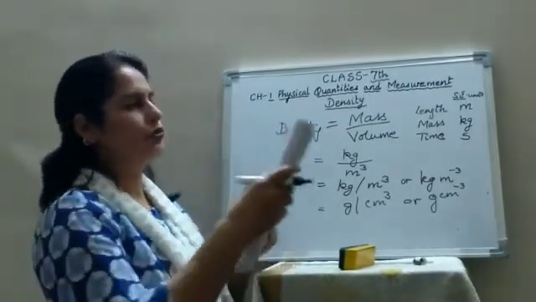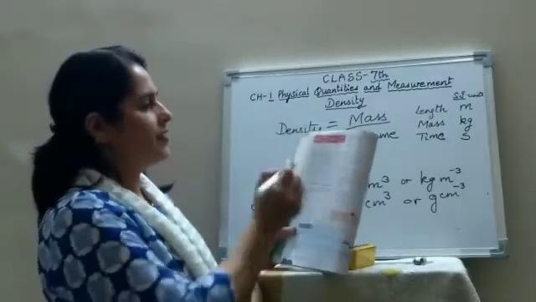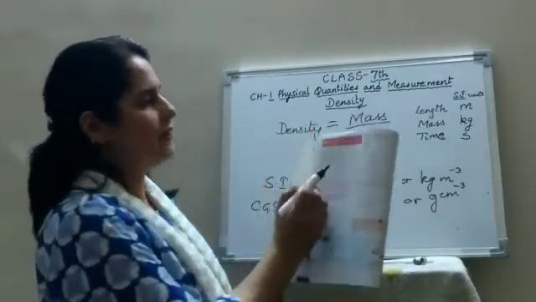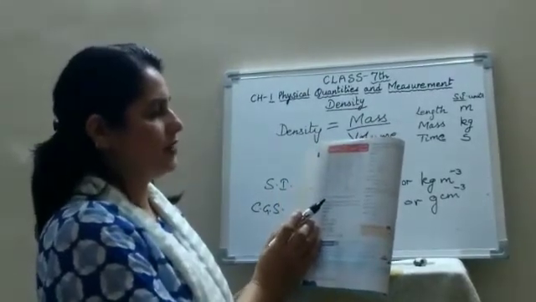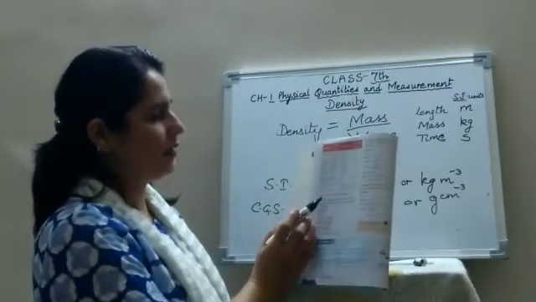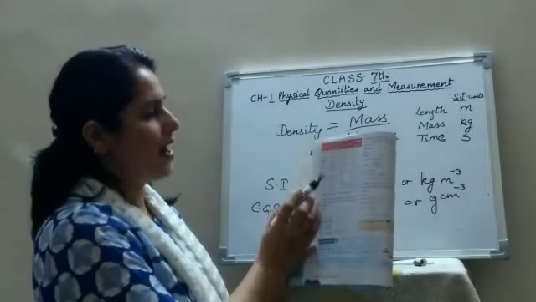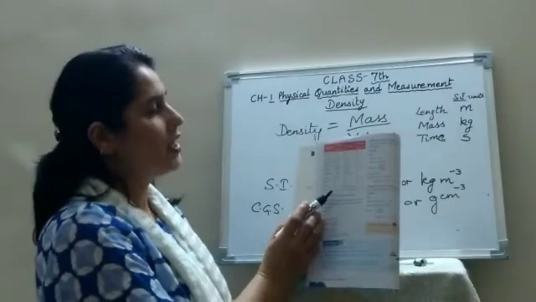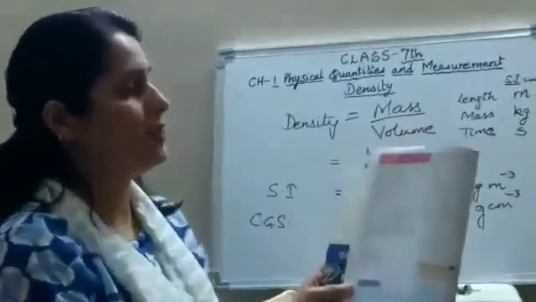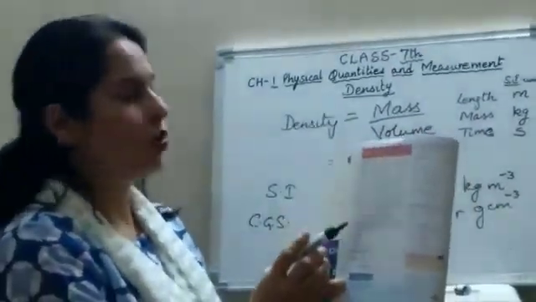Now, densities of some substances are given on page number 60. So, children, you will go through these densities. Here the name of the material is there and the density in kilogram per cubic meter they have given. And you can see from this table that gold has the maximum density. 19,300 kilogram per cubic meter is the density of gold.